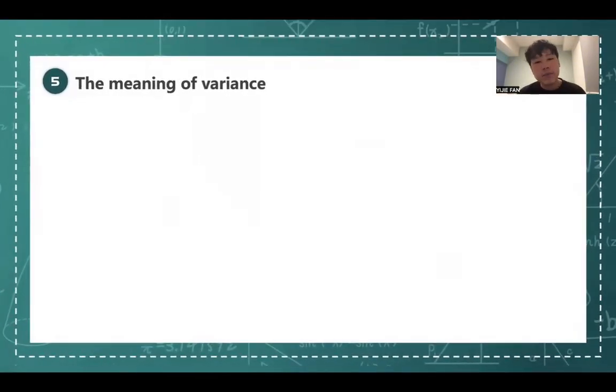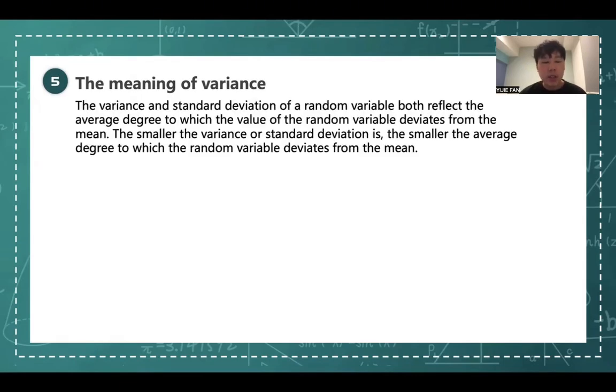Finally, we need to know what is the meaning of the variance. The mean value describes the average level of a random variable, but the variance and the standard deviation of a random variable both reflect the average degree to which the value of the random variable deviates from the mean.